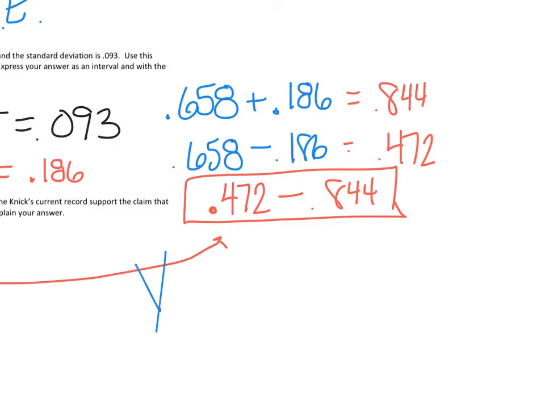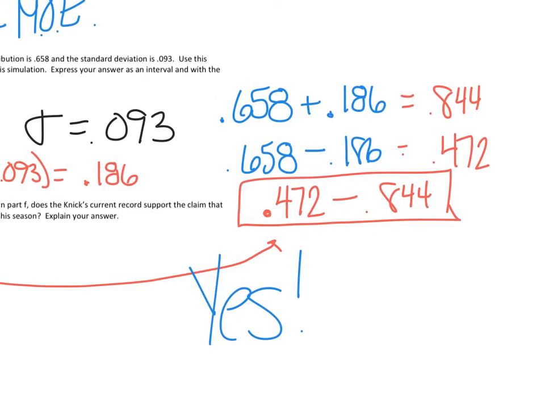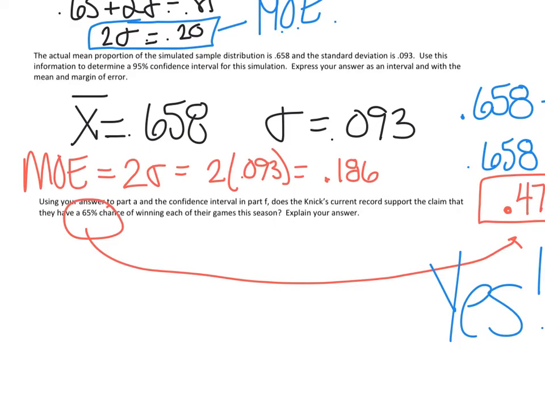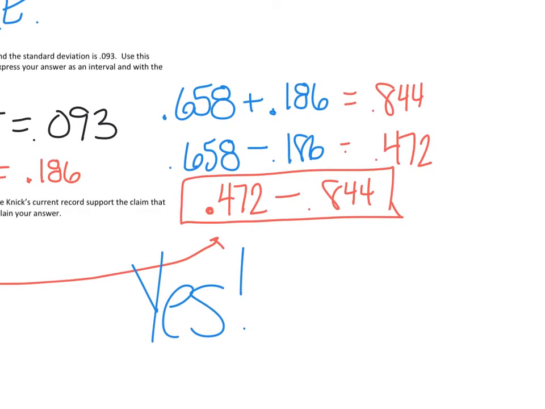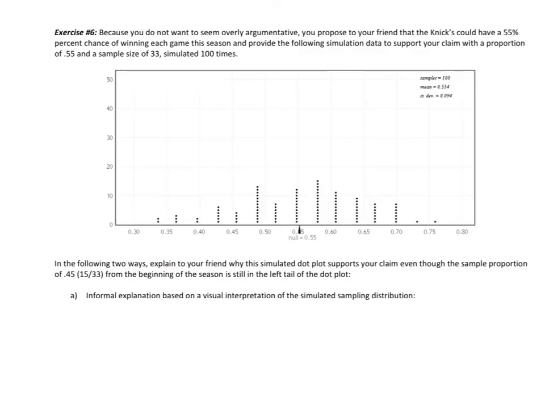I would say yes. So we can support that claim that we think they have a 65% chance of winning each of their games this season. Okay, so that margin of error is just an interval where as long as our data falls any place on that interval, we are confident in saying that this can happen. If it falls outside, then we are not confident in that answer.